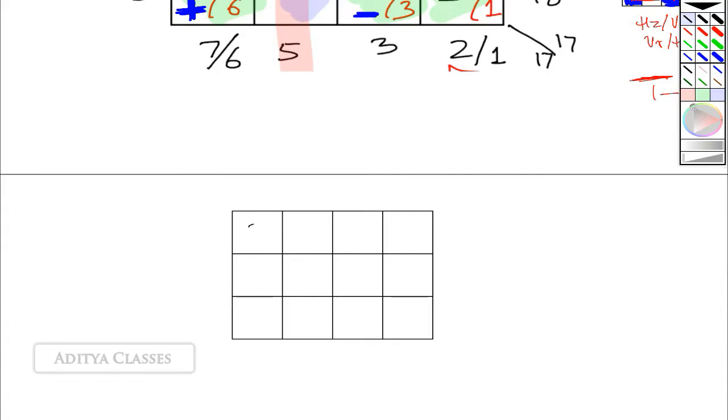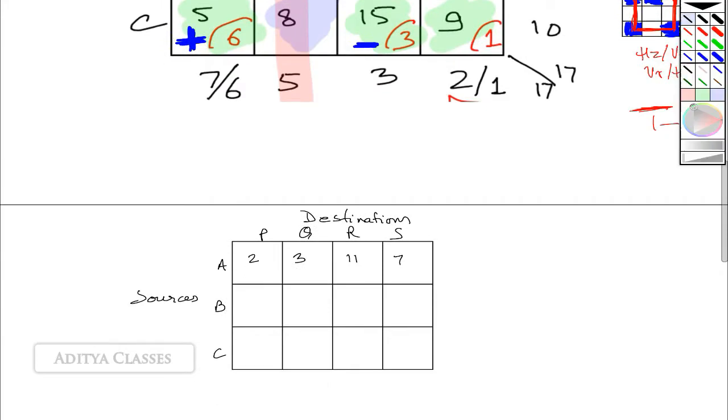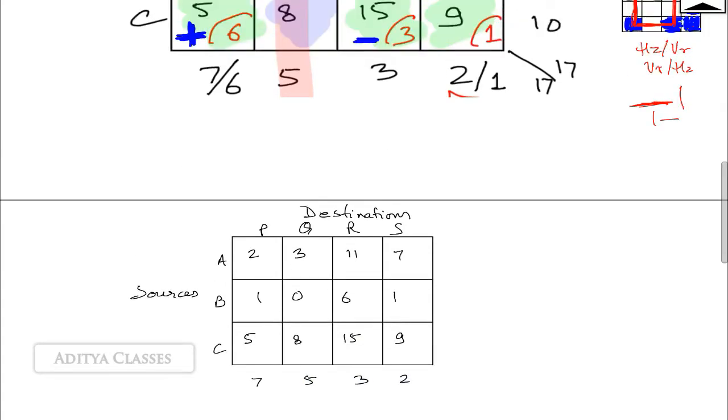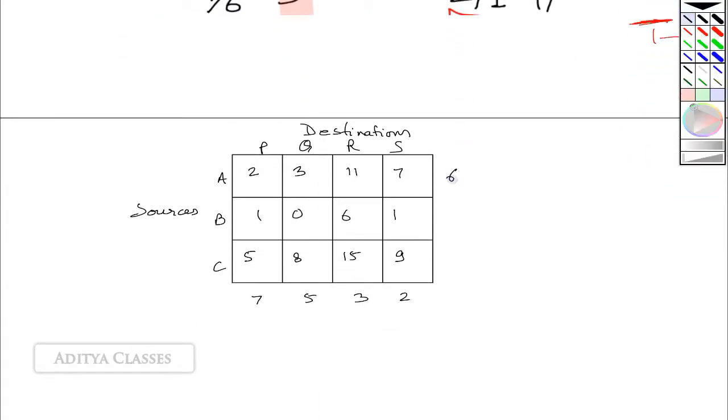It is 2, 3, 11, 7 from A, B, C, P, Q, R, S. These are destinations and these are sources. Then there is 10, 6, 1, then 5, 8, 5, 9, 15, 9. What are the loads? Loads are 7, 5, 3, 2, and then there is 6, 1 and 10.